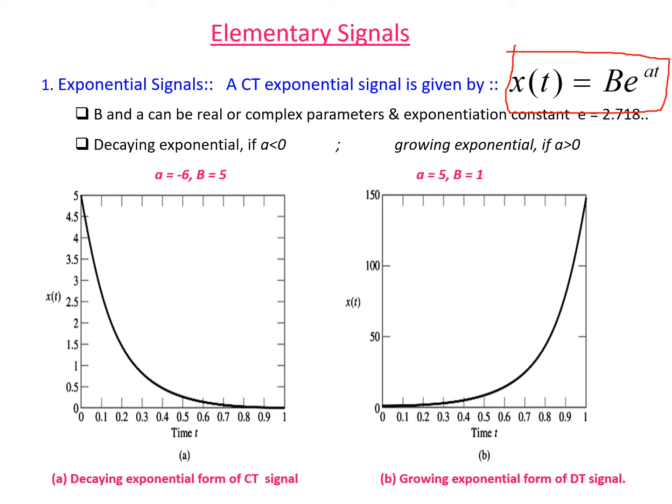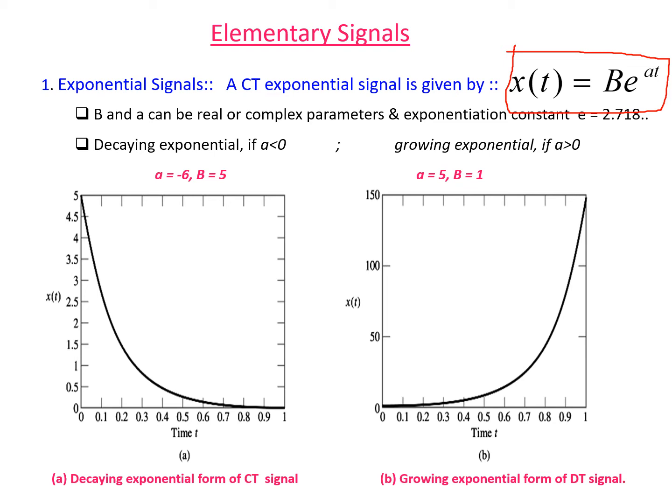As t increases, if you substitute the value of t as 0.1, 0.2, 0.3, etc., the signal value x keeps on decreasing exponentially. When t becomes equal to 1, the signal value is b into e to the power of minus 6. It becomes extremely small, very nearly equal to 0, but not exactly equal to 0. It becomes infinitesimally small.